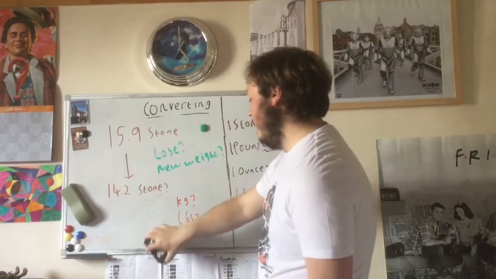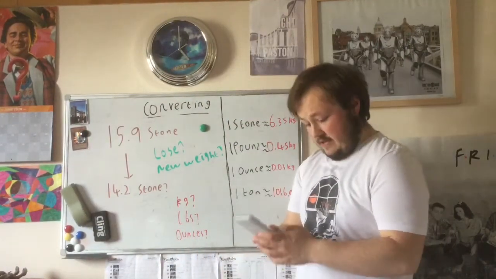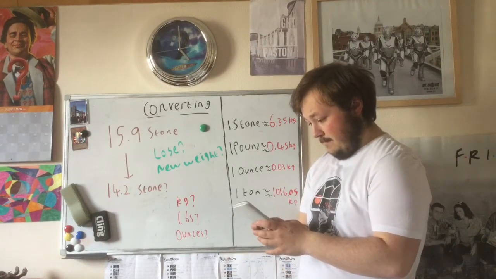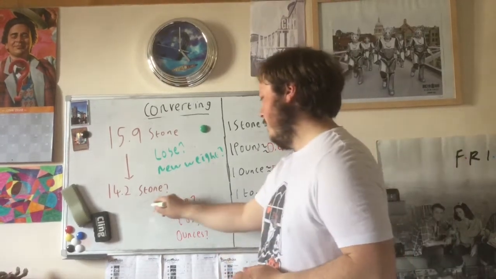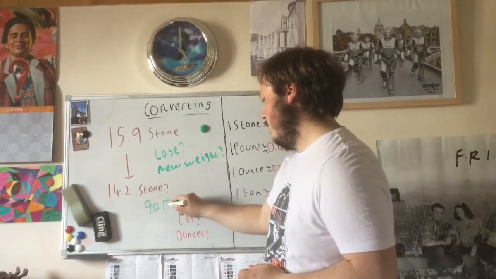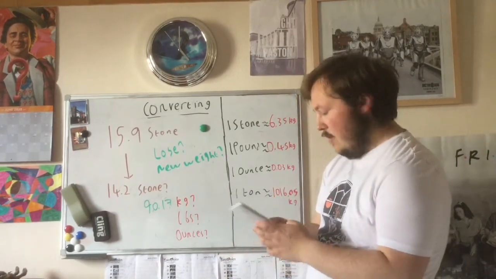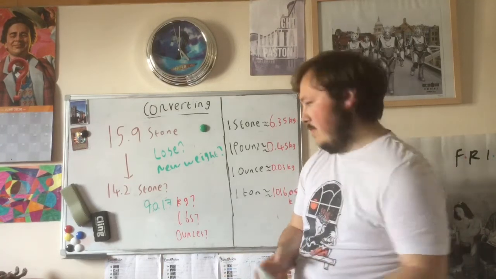This one will be slightly easier because we know what the stone is already. So we do 14.2 times 6.35, and that will get us 90.17. Now, we divide 90.17 by 0.45, and that will get us 200.38.